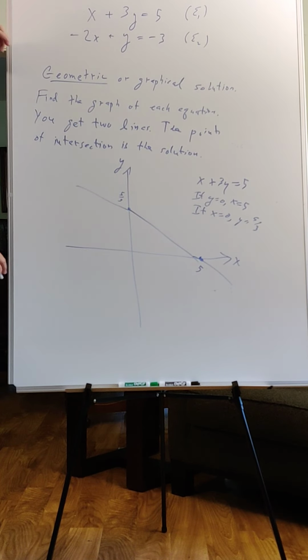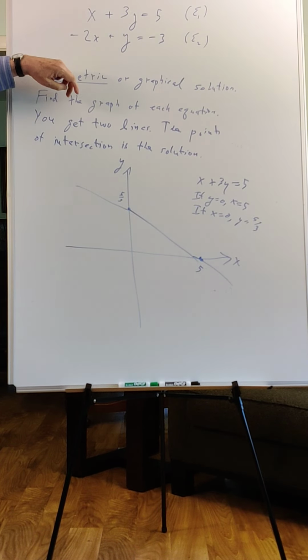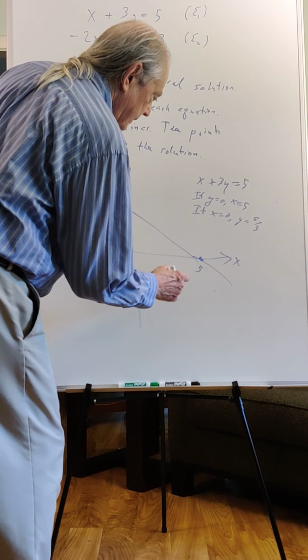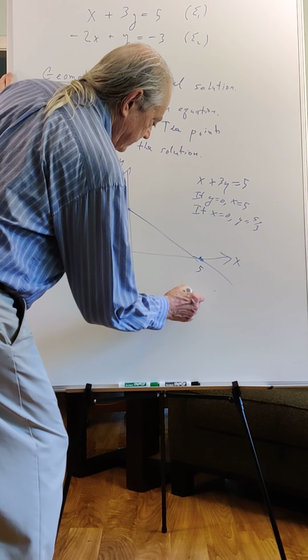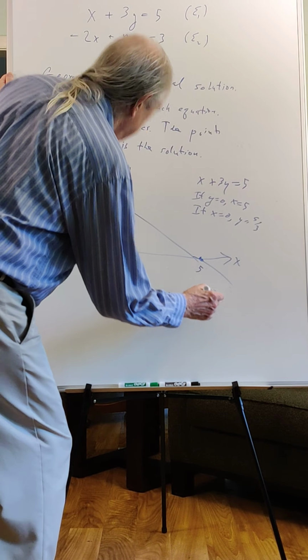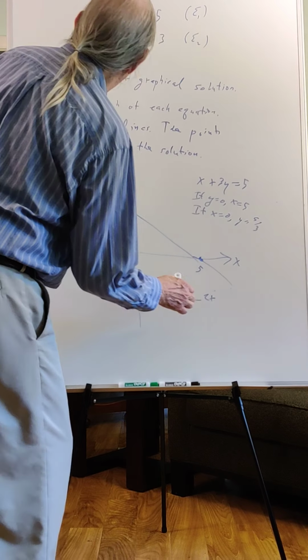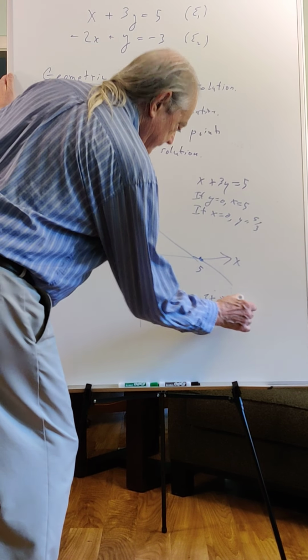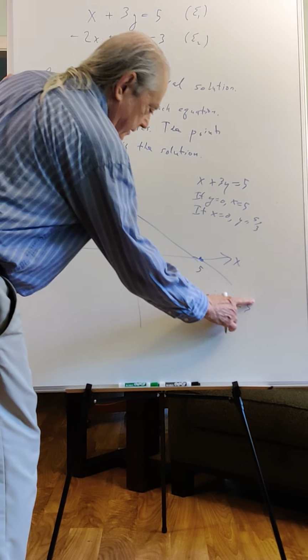So we can do the same thing with E2. If x is 0, y is -3. Let me write it here. Sorry for my handwriting. -3 here.